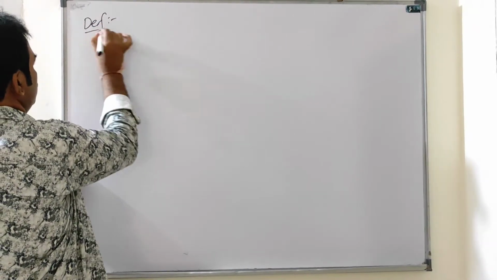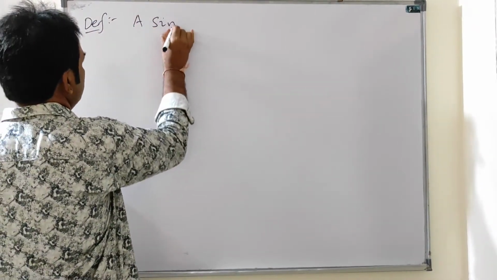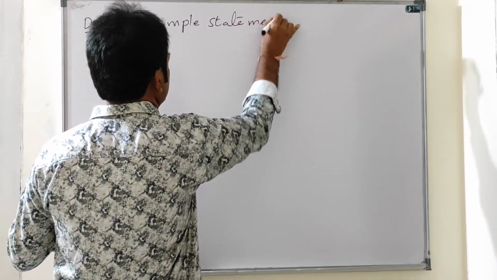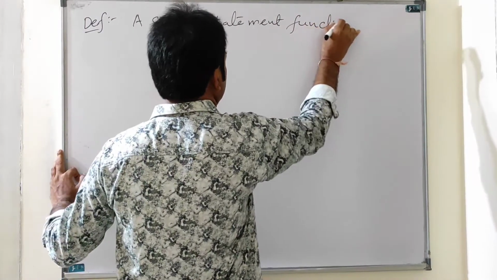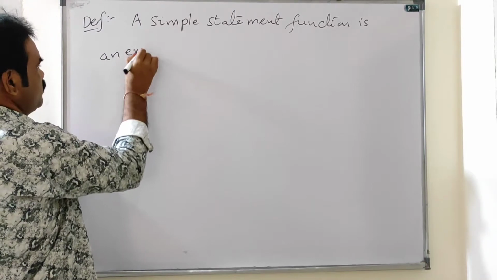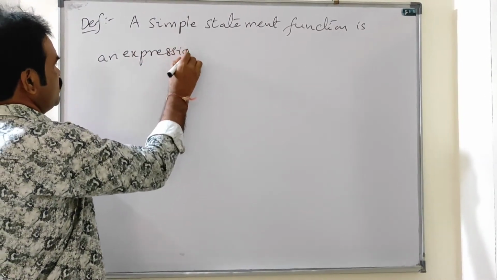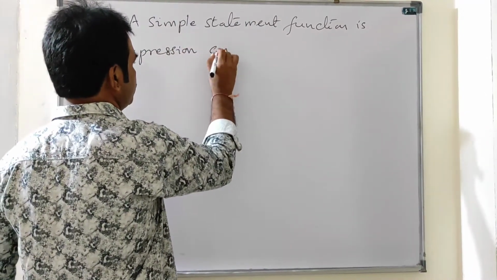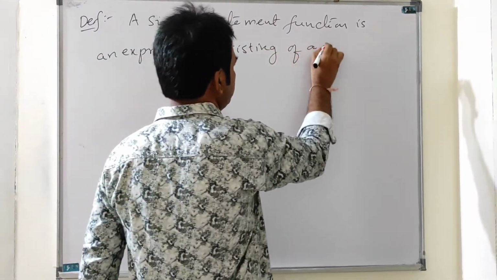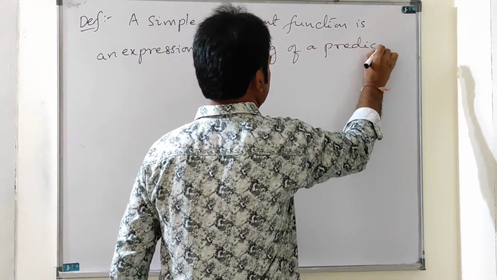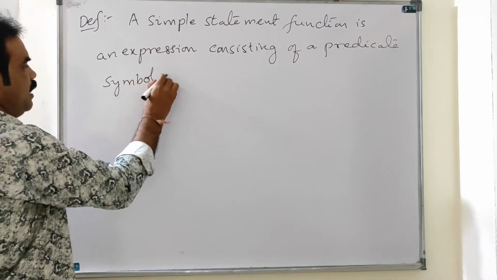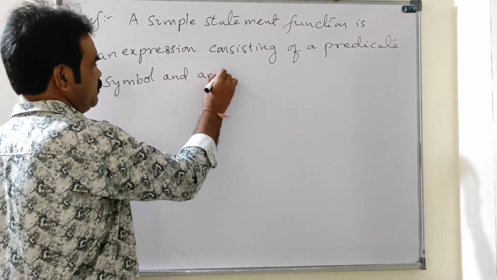Next definition, statement function. A simple statement function is an expression consisting of a predicate symbol and an individual variable.